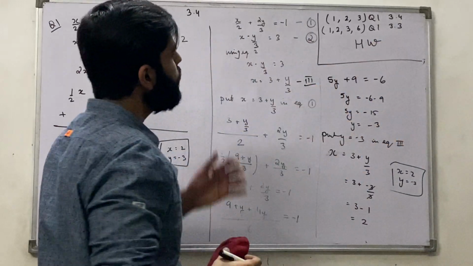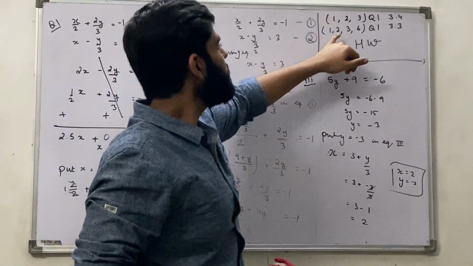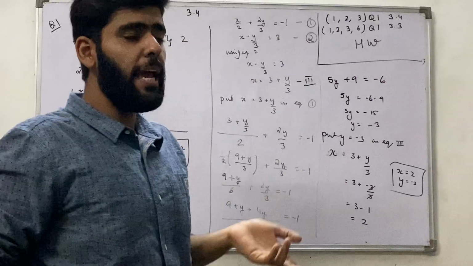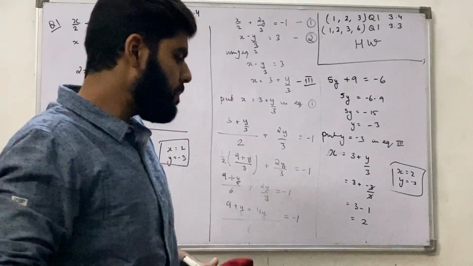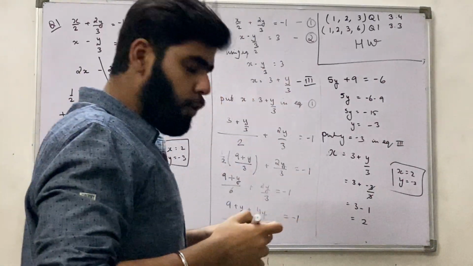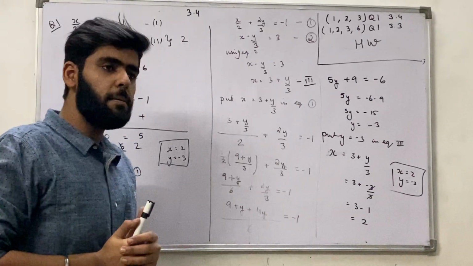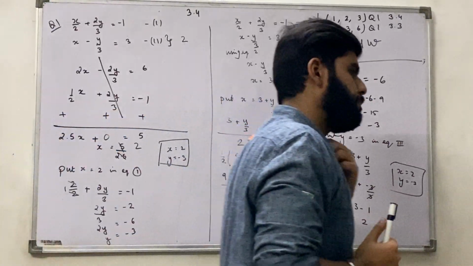How many questions do you have? You have a total of 7 questions to be solved by both the methods. So this comes out to be a total of 14 sums, and I'll be checking 14 sums in your PDF. Thank you.